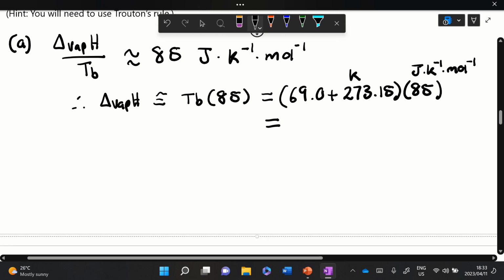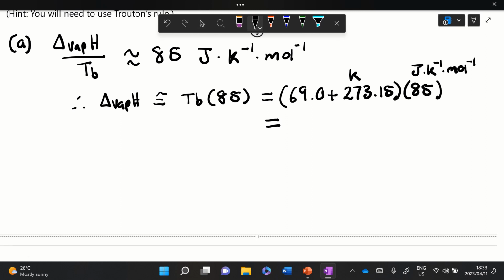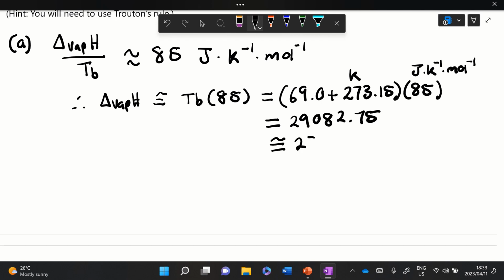The answer here is approximately, let me just quickly get my calculator. So 69 plus 273.15 times 85 is then 29,082.75. Of course that's joule per mole, which is then rounded off to 29 kilojoule per mole.